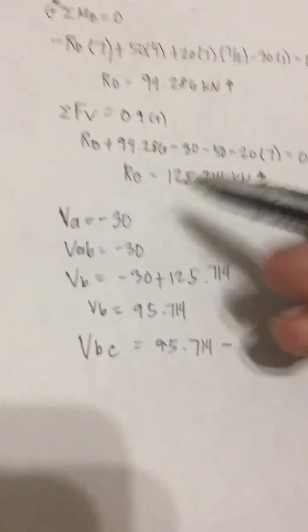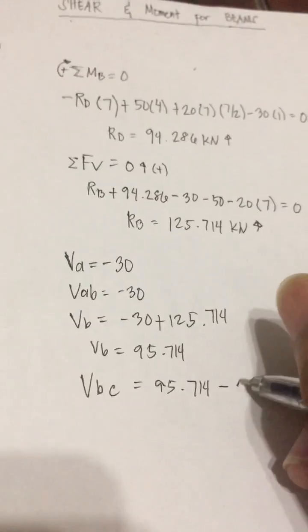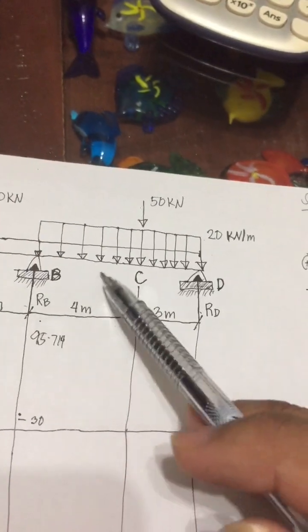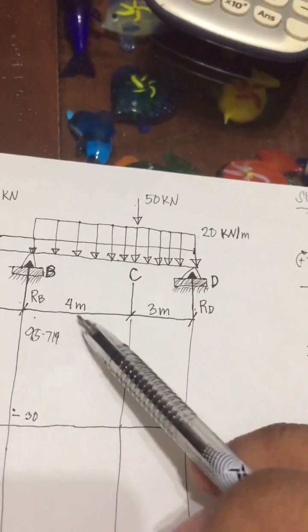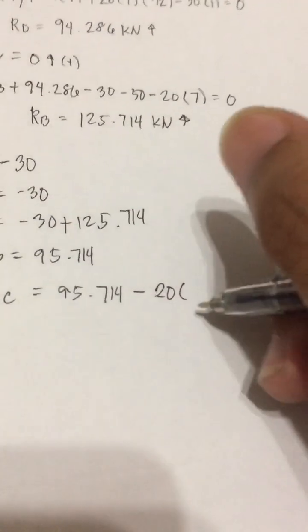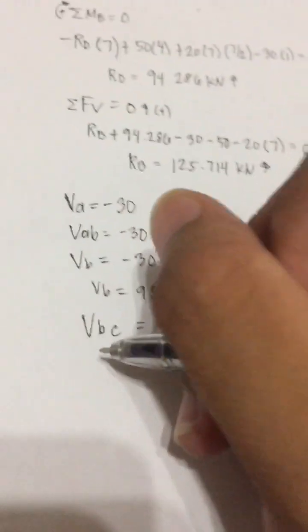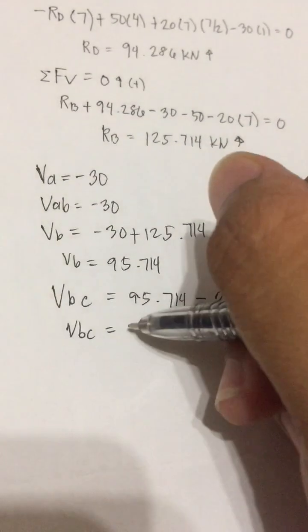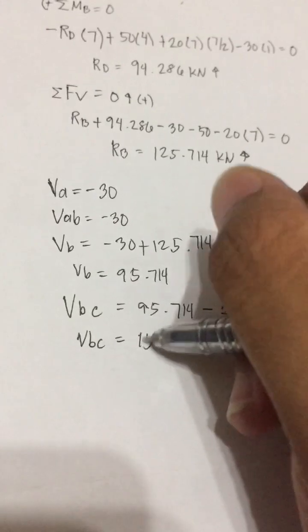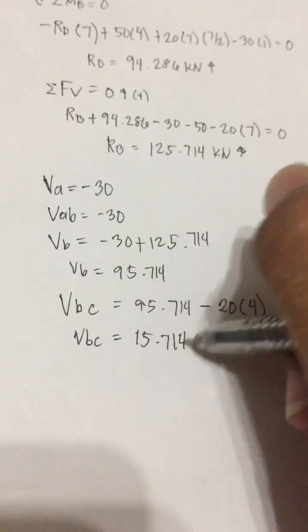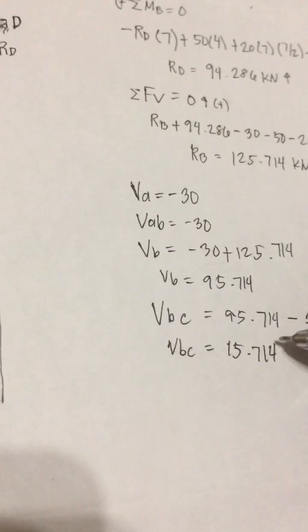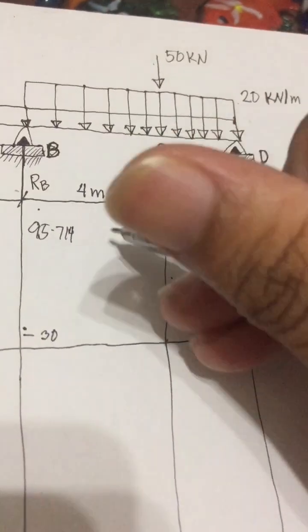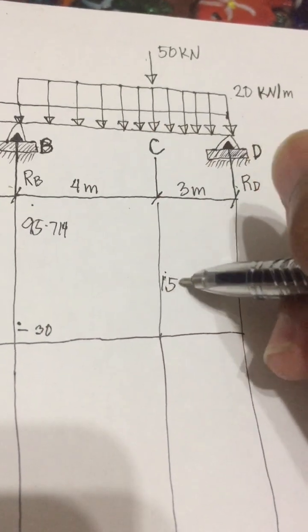We find the area for this section only, so we multiply it by 4 meters. Computing this, the result is 15.714, so we put this below the 95.714.